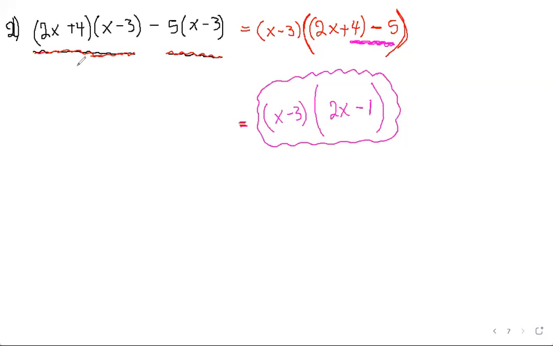Okay, now let's go to the factoring trinomial.